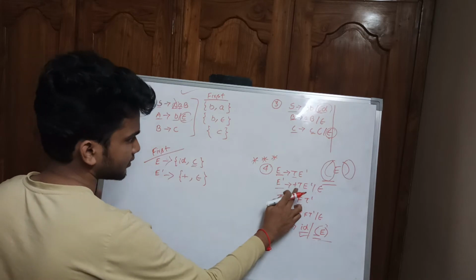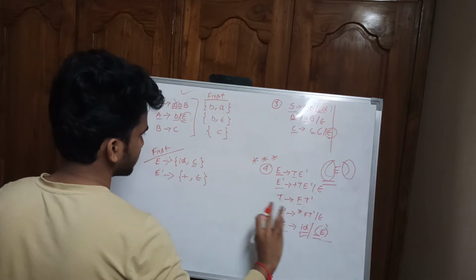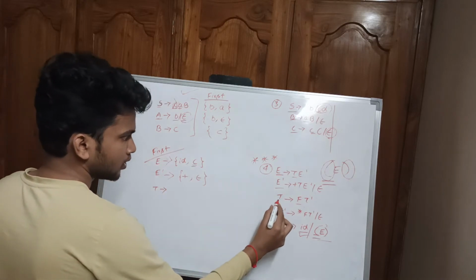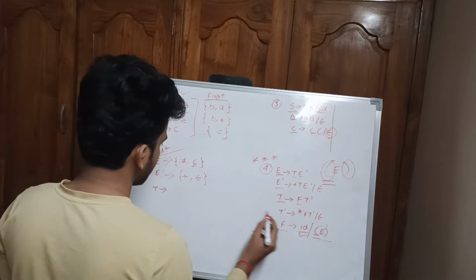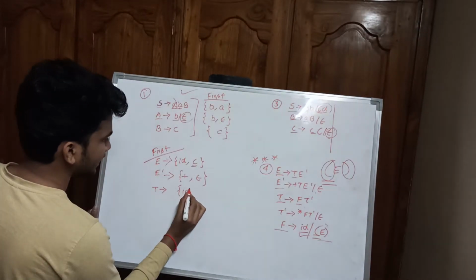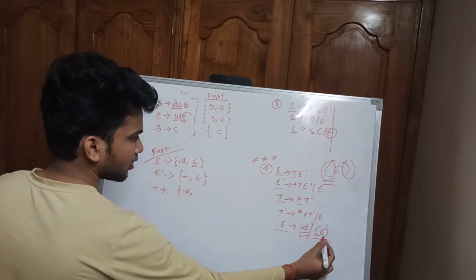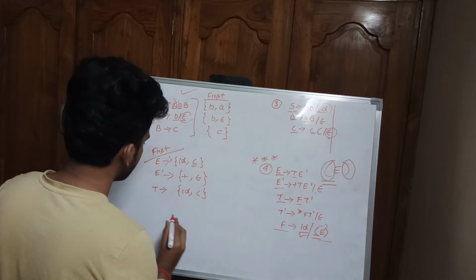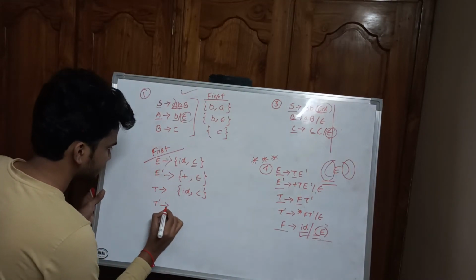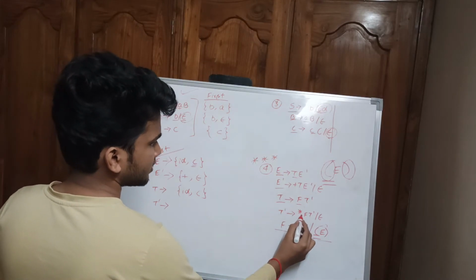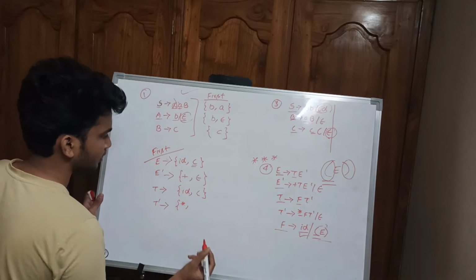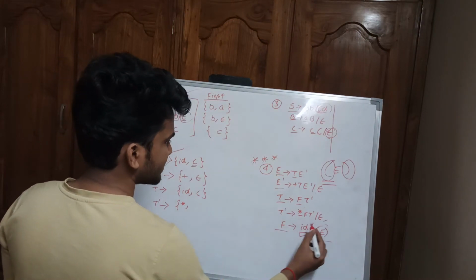It can generate a plus symbol, or it can generate an epsilon, that's all. T, so First of T equals First of F. Again we will get ID comma opening brace. I hope you got the tempo. T dash, see the first symbol, that is star, or it can generate epsilon.